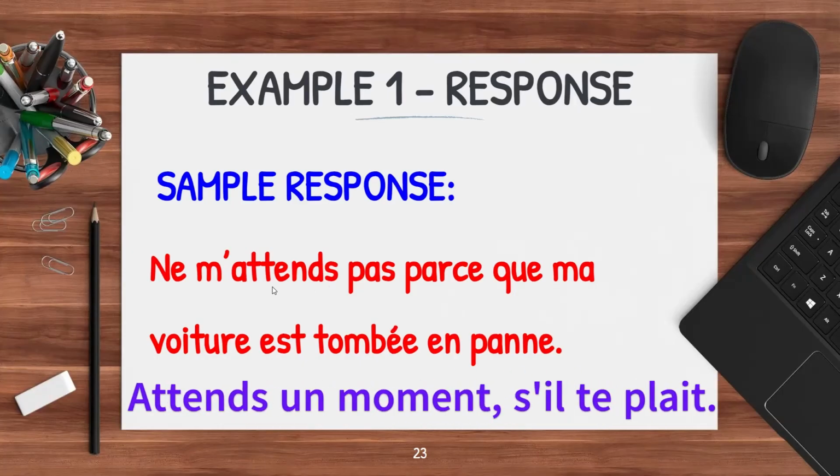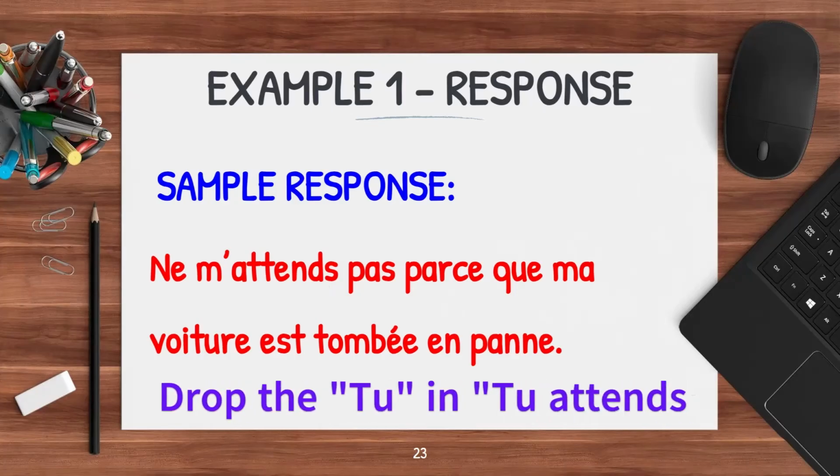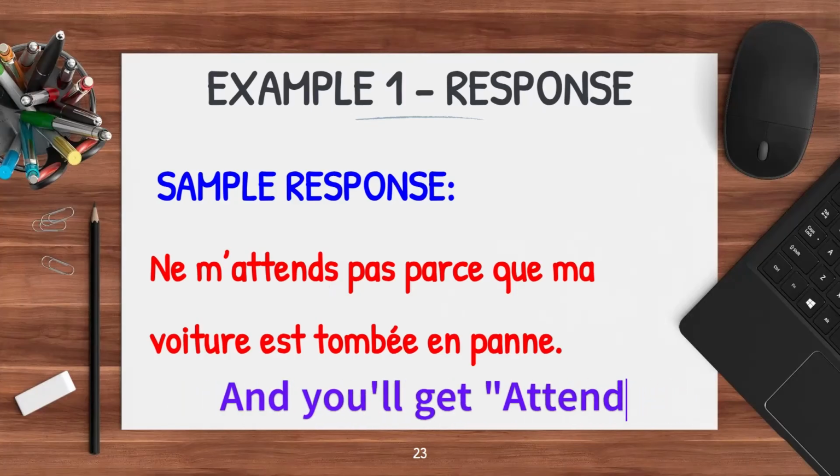Attends un moment, s'il te plaît. Wait a minute, please. I hope that is clear. It's pretty simple. All you have to do, if you know how to form the present tense, drop the subject and you have the command form. It's very simple.